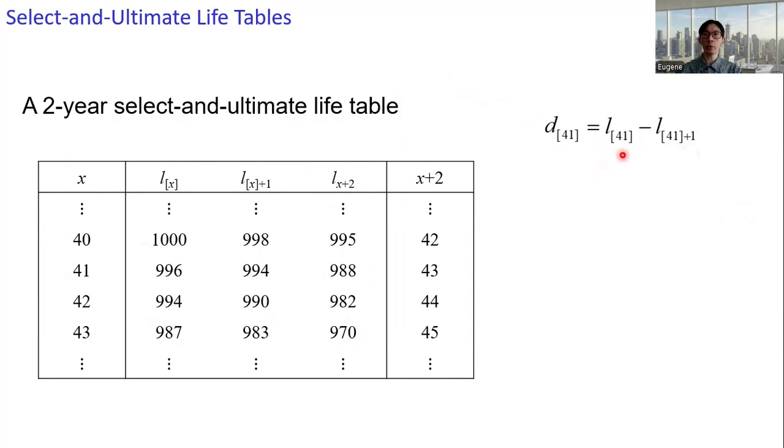This is still l_41 minus l_42, but with select age 41. l_[41] is 996, and then l_[41]+1 is 994. Therefore, d_[41] here is 2.